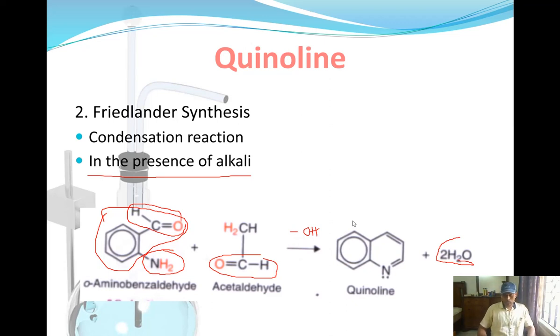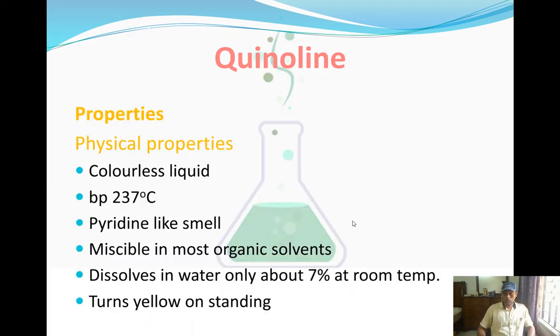Next let's go for the properties. In physical properties, it is a colorless liquid with a boiling point of 237 degrees centigrade. It has a pyridine-like smell, right? It's miscible in most organic solvents like chloroform, ether, and alcohol.